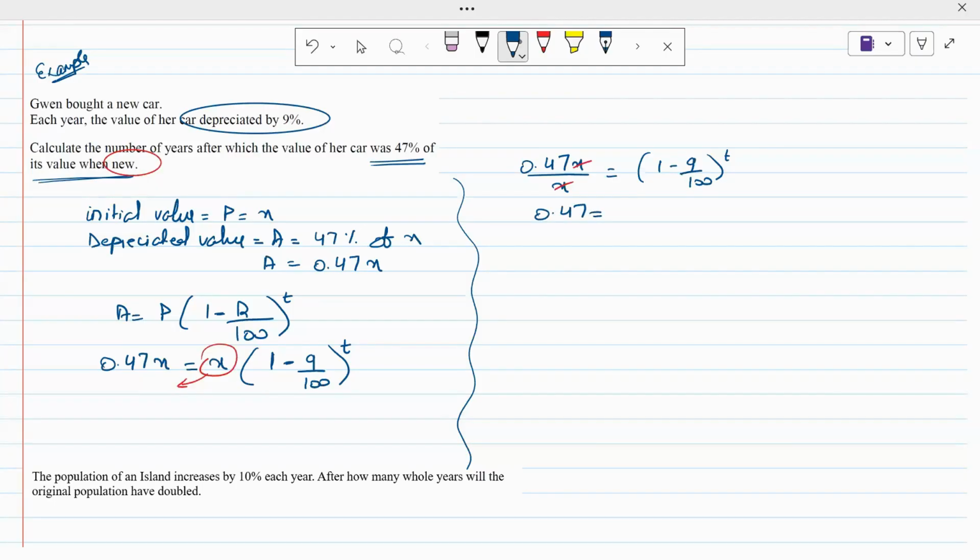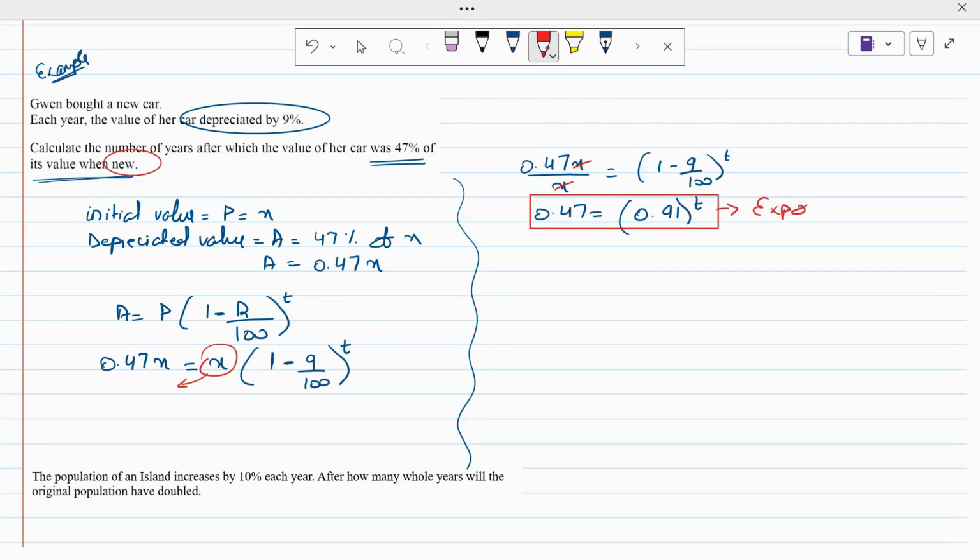0.47, 1 minus 9 upon 100, you have to simplify this as well. So 1 minus 0.09, that would be what? 0.91 whole power t. And now here again, you have to go for trial and error. It's an exponential. Those who know logarithms can apply logs.